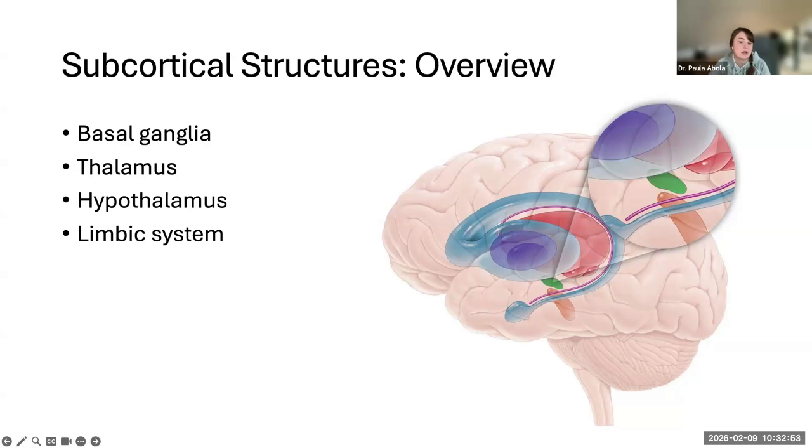So again, in neuropsychological assessment, subcortical dysfunction often produces a distinct pattern of slowed processing, executive difficulties, and emotional changes, highlighting the importance of these structures in both neurological and psychiatric presentations.